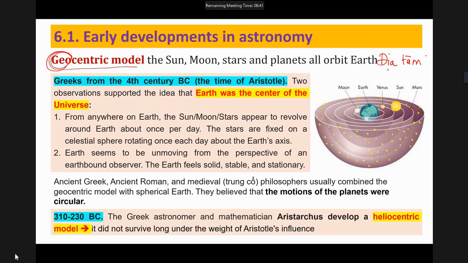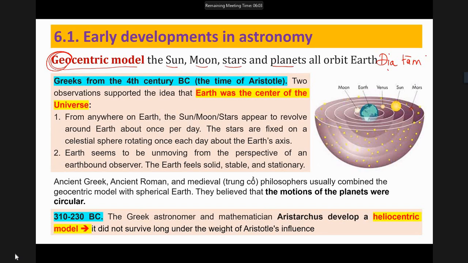In the geocentric model, the sun, moon, and all stars and planets orbit the Earth. Because the movement of the sun, moon, stars and planets is seen to rise in the east and set in the west, the astronomers predicted that the sun, moon, stars and planets orbit the Earth.